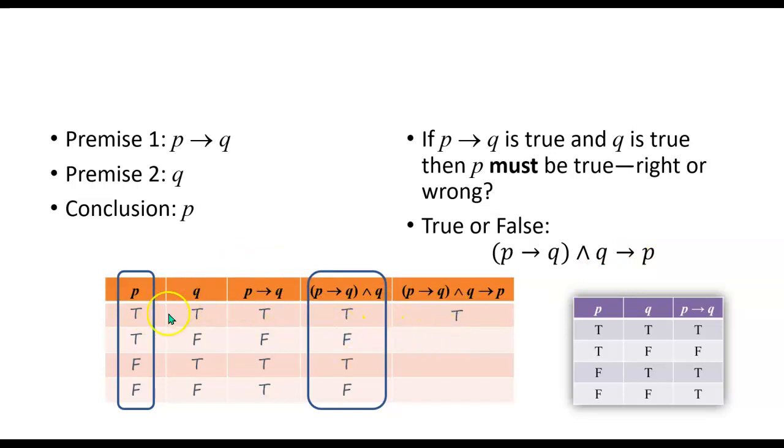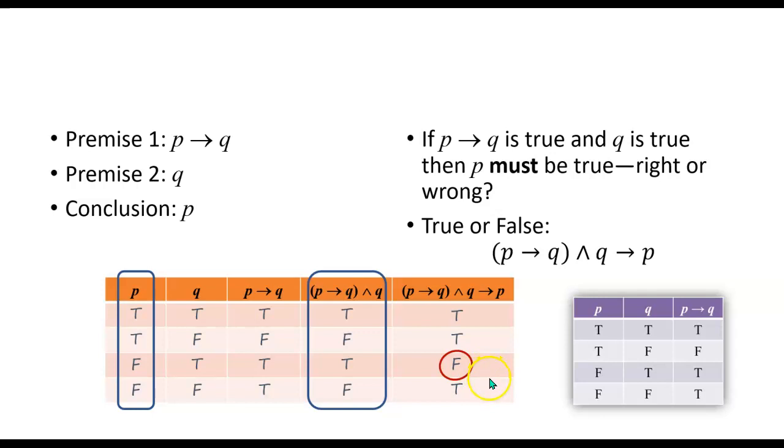If false, then true equals true. If true, then false equals false. If false, then false equals true. So the value of the whole thing is shown in this last column of the table. True, true, false, true.